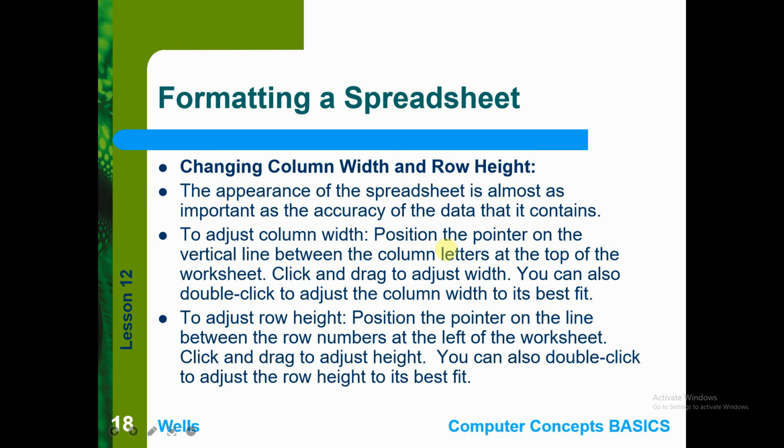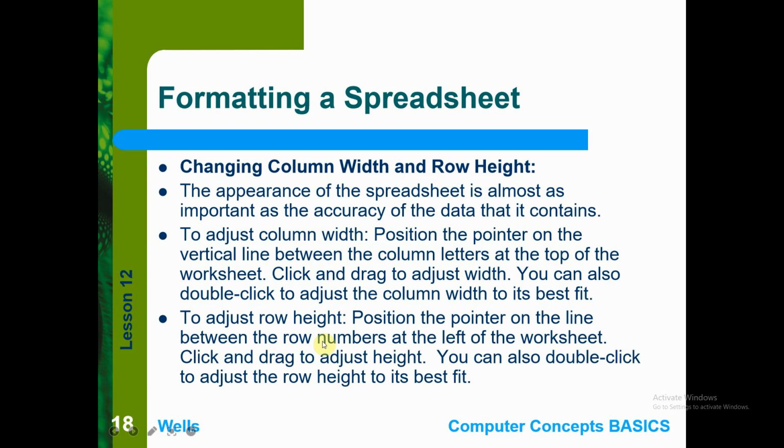Now for formatting a spreadsheet, drag mo na lang yung sa babaw niya. Ni-demo ko naman nga may pointer na siya butang between the vertical line. Usually malain na ang symbol sa mouse once nga ma-indicate na siya nga between na siya sa column width, sa column letters mo alam na sa tunga, tapos you can adjust it.